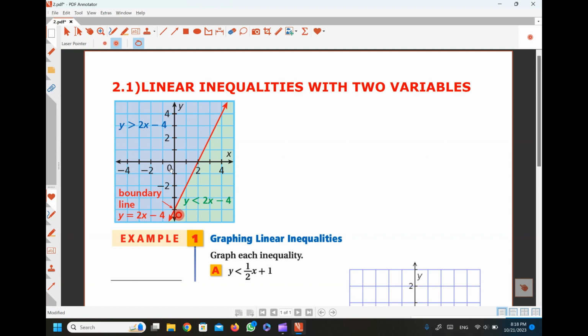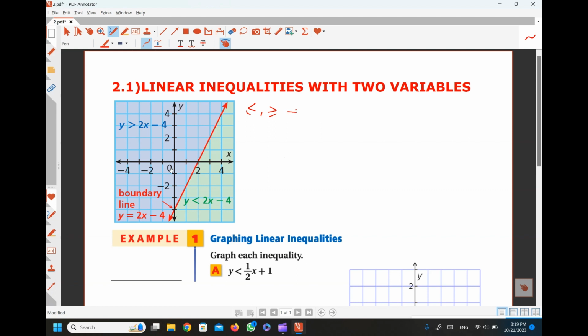What if your equation is not an equation, it's an inequality? You have less than or greater than, less than or equal to, or greater than or equal to symbol. So what happens when you have these kinds of signs? If we have less than or equal to or greater than or equal to, then you are going to include this boundary line in the solution.